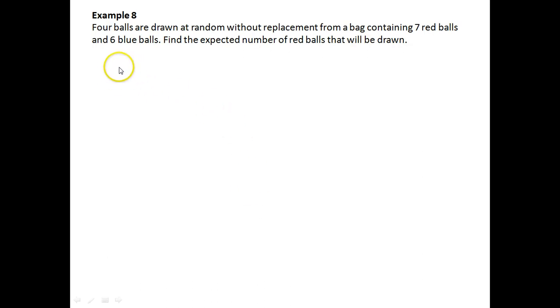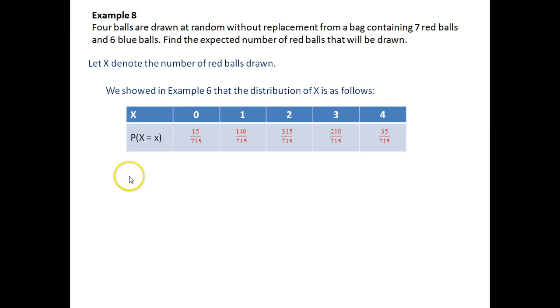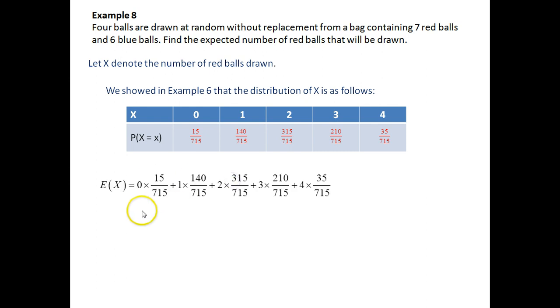The other example we did, 4 balls are drawn at random without replacement from a bag containing 7 red balls and 6 blue balls. Find the expected number of red balls that will be drawn. So we've done the distribution. X is the number of red balls. The distribution came to this. So what is the expected number of red balls? The mean is each x multiplied by its relative probability.